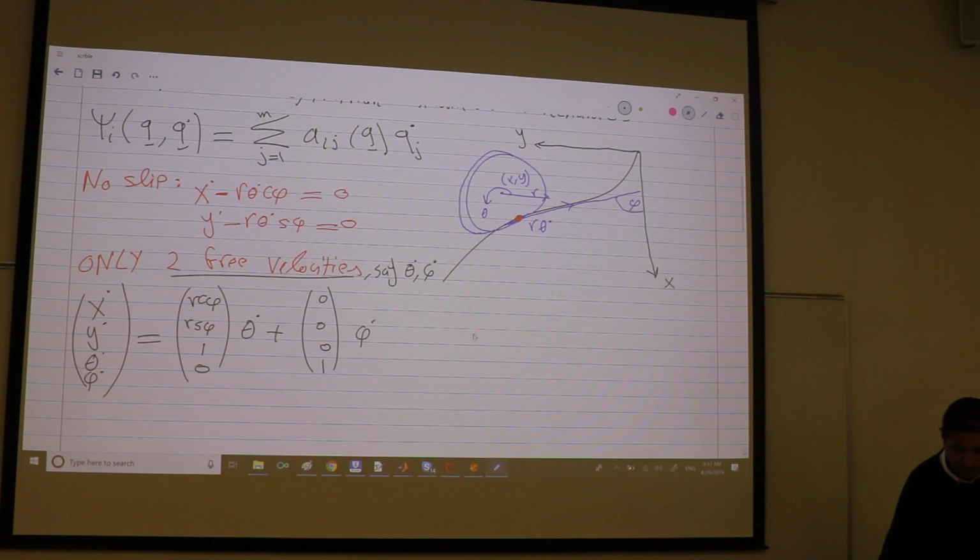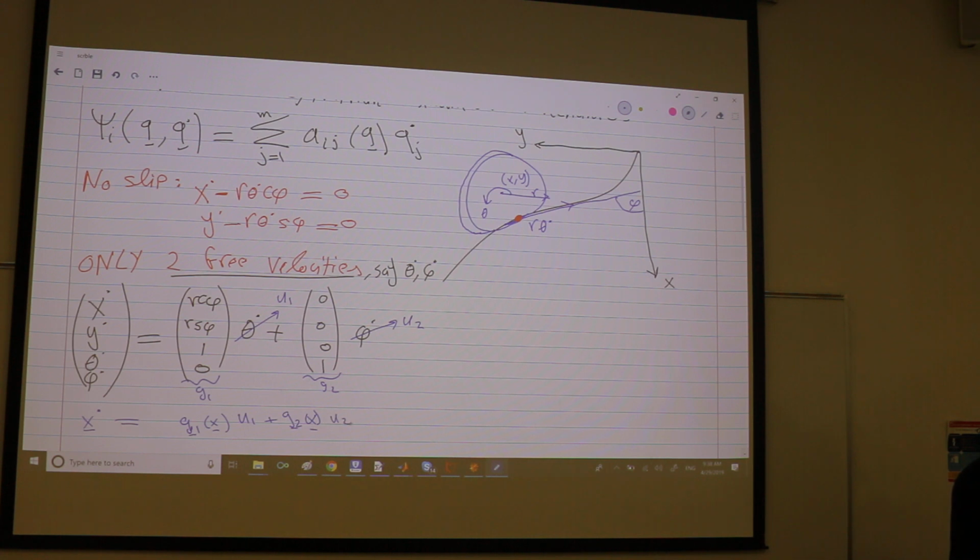So if theta dot and phi dot are free, say these are your control inputs, you can assign them freely. I can write down this system as follows. x dot, where x now is an array representing all the configuration coordinates, equals g1 of x times u1 plus g2 of x times u2.